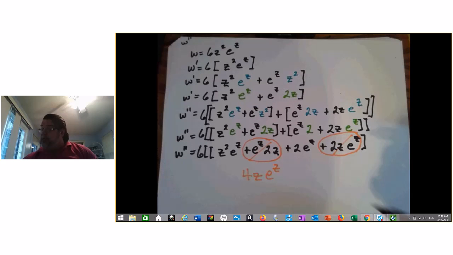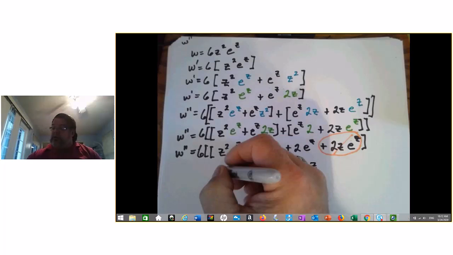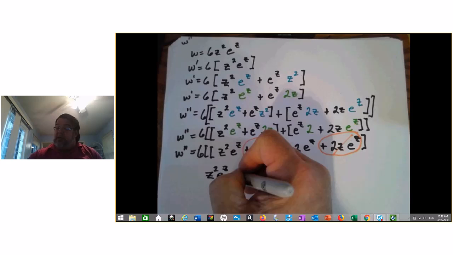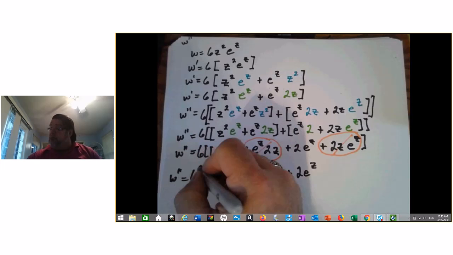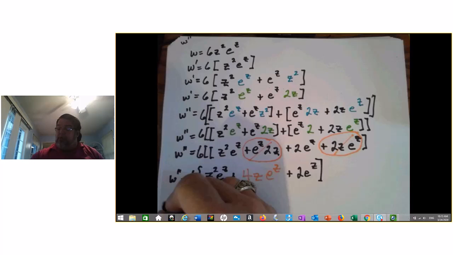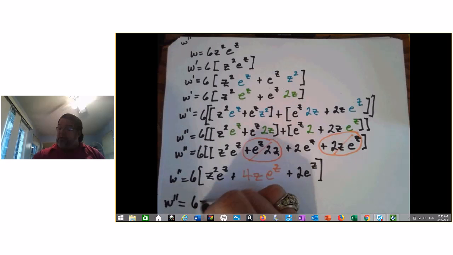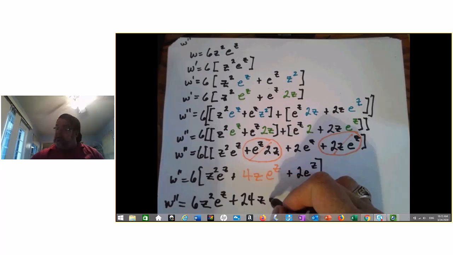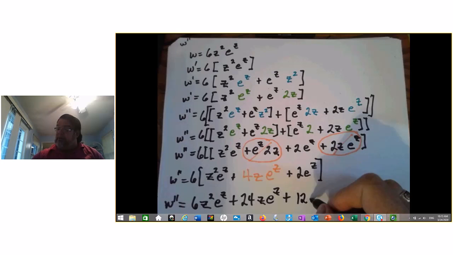Plus 2e to the z, and then z squared e to the z. And that 6 is still out front. So w double prime is equal to 6z squared e to the z plus 24z e to the z plus 12e to the z.